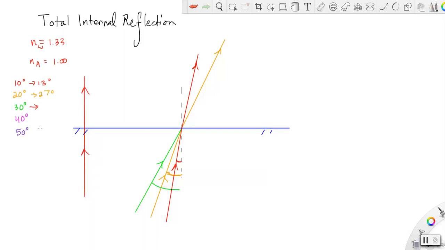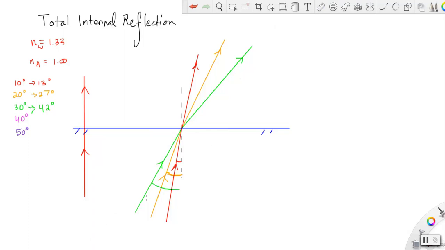This one will lead us to 41.7, or I'm going to go ahead and put 42 degrees with respect to the normal outside. The complementary to 42 degrees is 48 degrees, so let me make sure that I get to 48 degrees, just like that. Okay.